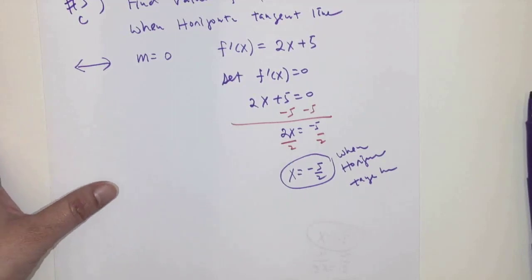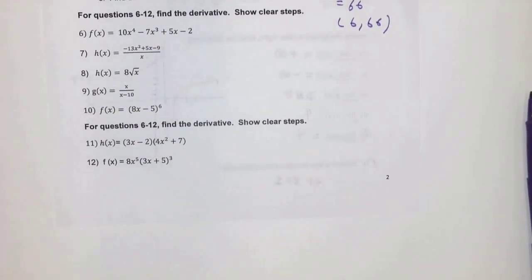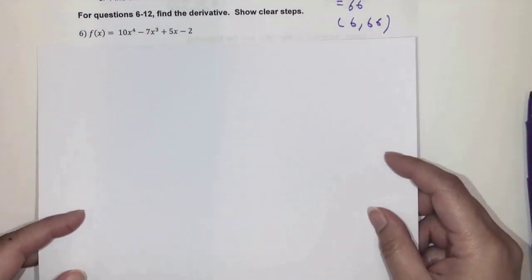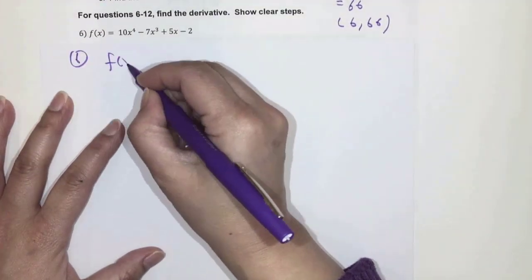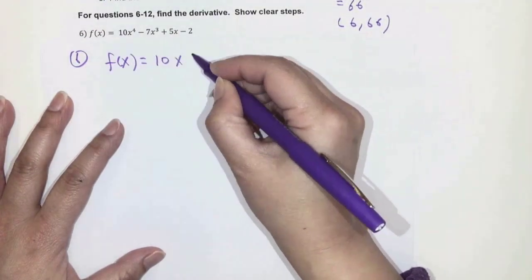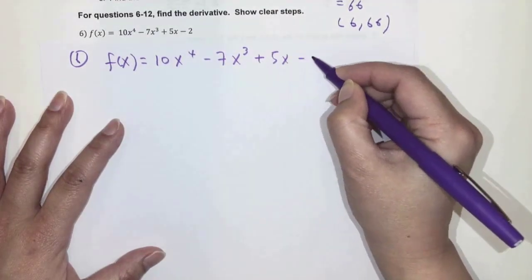Okay, let's move on to number 6. If you look at your handout, numbers 6 to 10 are the questions where we will apply the shortcut rules. We will take the derivative of them, starting with number 6. We have the function equal to 10x to the 4 minus 7x cubed plus 5x minus 2.